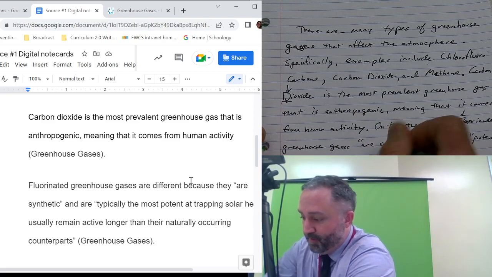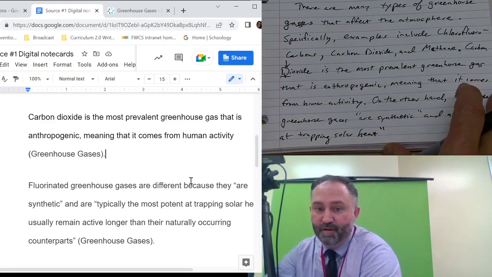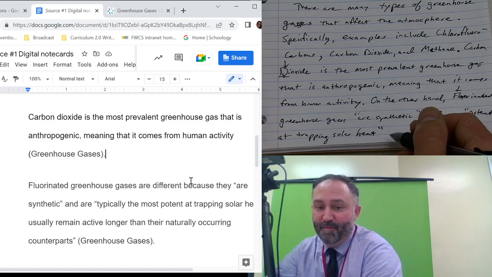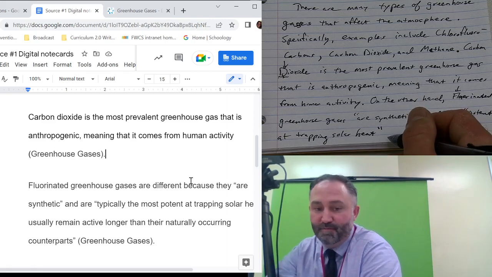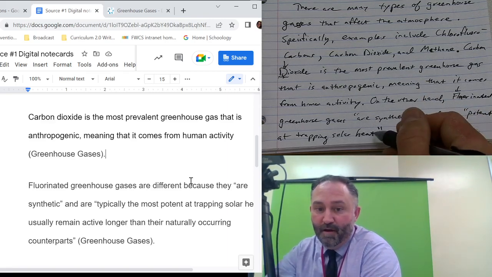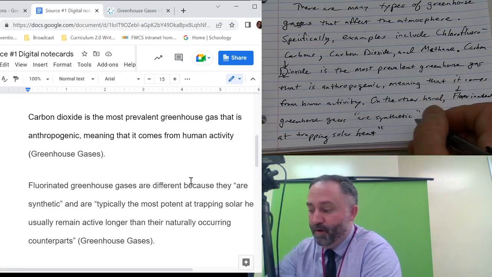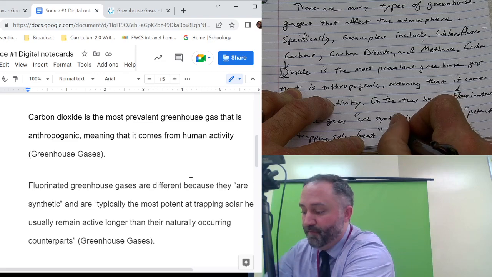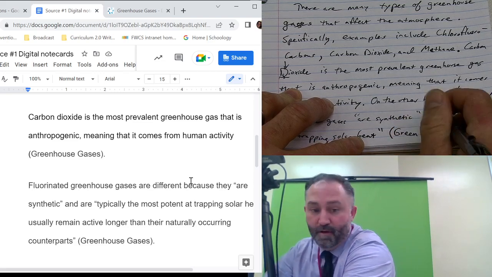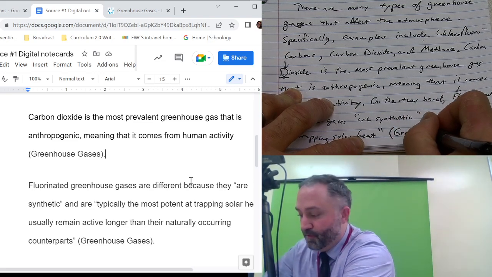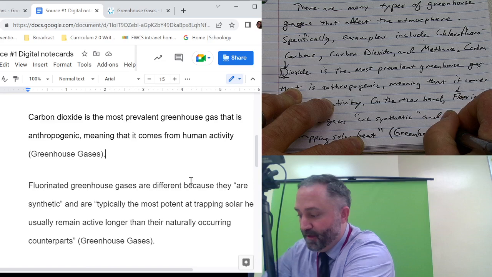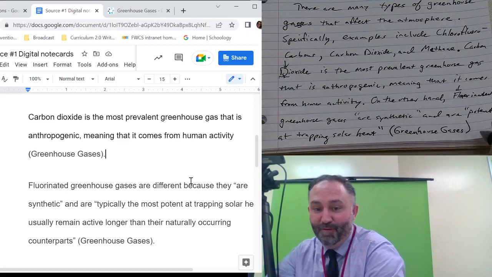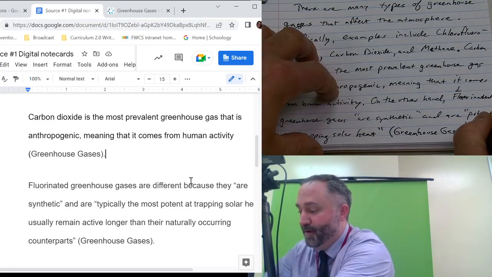Now, because this is the last piece of information in the paragraph that I'm going to use, I needed a little bit more room, in fact, one more page, but I'll just go to the next page here. Now, I'm not going to put the period right here. What I'm actually going to do is cite the fact that all three of these pieces of information came from the source that has the citation of greenhouse gases. And yes, we're using the British spelling because that's how it was in the database, so we're going to keep it that way.